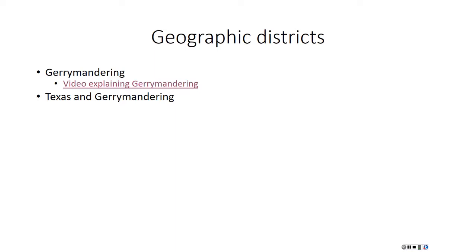Texas is going to gain population. We are a growing state. Every day, every month, every year we gain. So we know that our districts are going to have to be redrawn. If we look at Texas and gerrymandering, we have to go back to 2000.